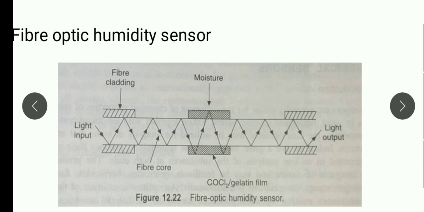Here, this fiber cladding has been removed for about 5 centimeters, and it is replaced with a cobalt chloride gelatin thin film, as shown here. We are removing this fiber cladding and replacing it with gelatin film, or you can say cobalt chloride gelatin film.